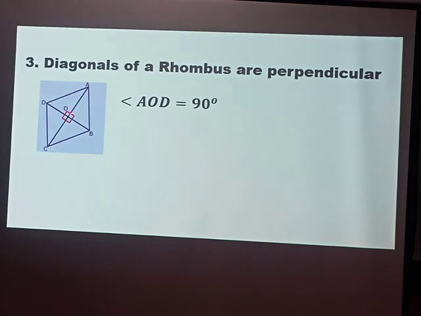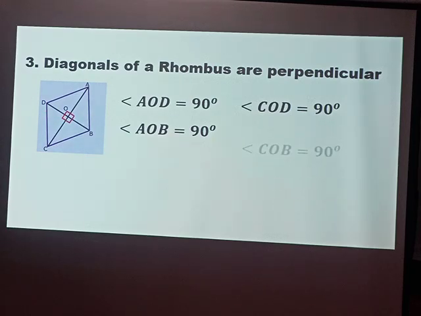this angle here, I don't know whether you're able to see my pointer. I can see you are able to see. My angle AOD is 90 degrees. Let's check the next one. Angle AOB, this angle is also 90 degrees. Then we have angle COD, this angle here is also 90 degrees.